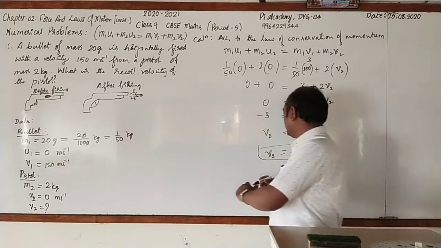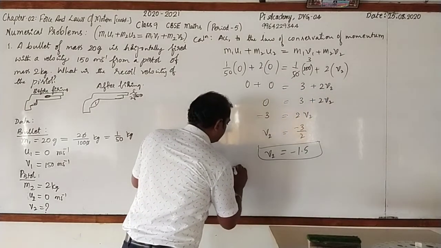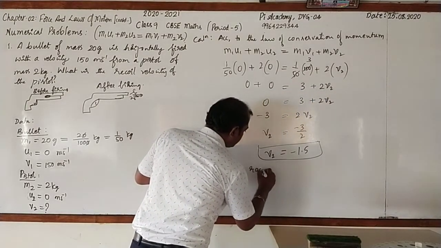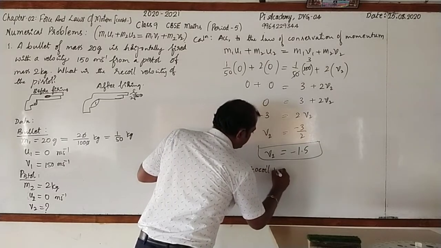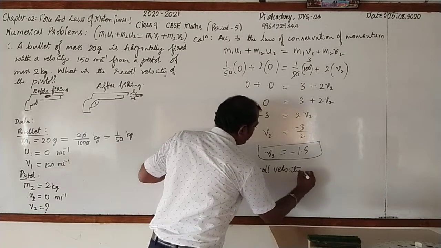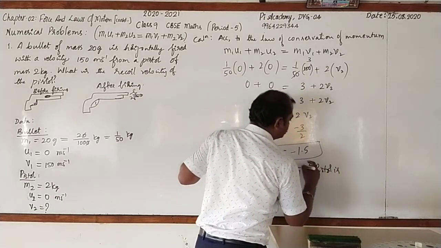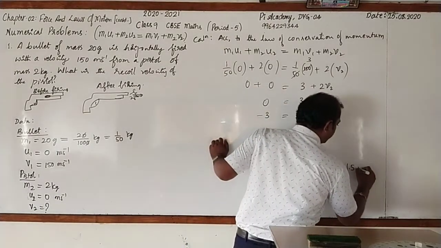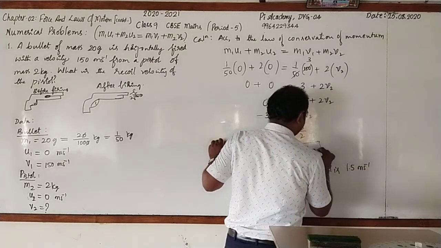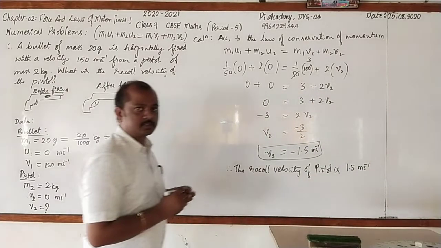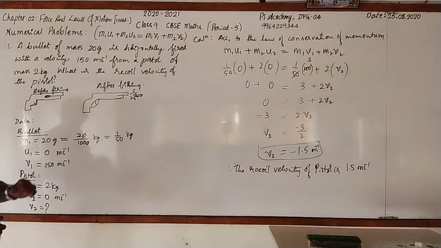Clear? Here I will write. Therefore, the recoil velocity of the pistol is 1.5 meter per second. Understood? Yes. Please go for copying from here to there.